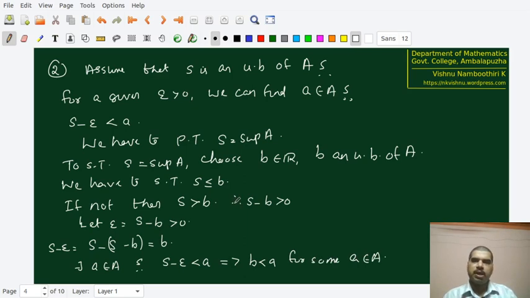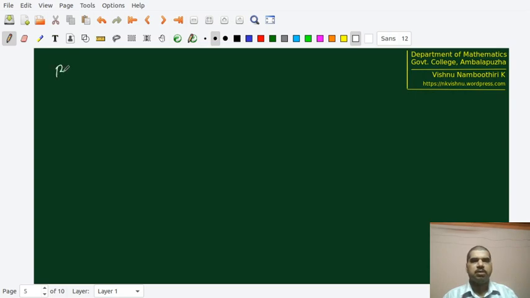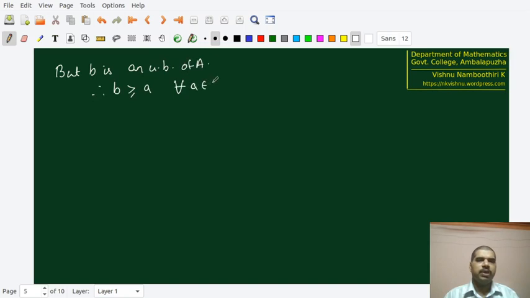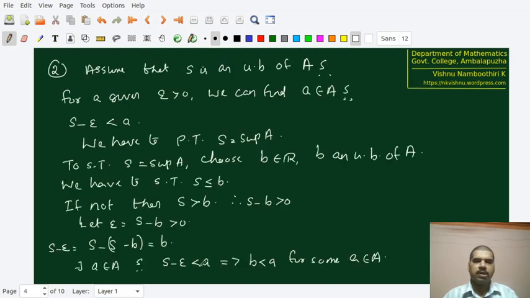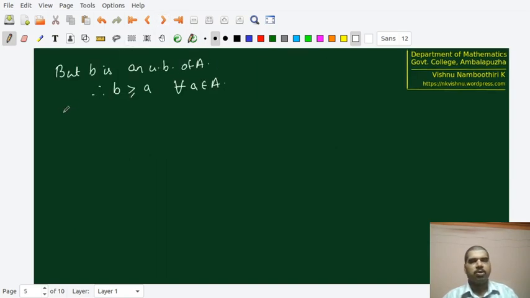Therefore, B has to be greater than or equal to A for every choice of A in capital A. But here we are getting B less than A for some A in capital A. This is a contradiction to our assumption that B is an upper bound.